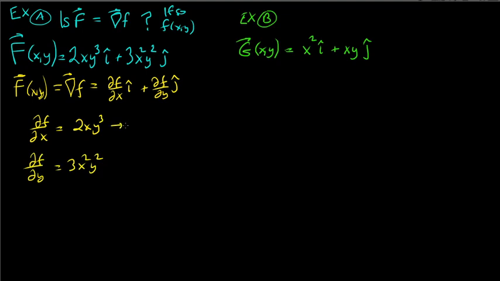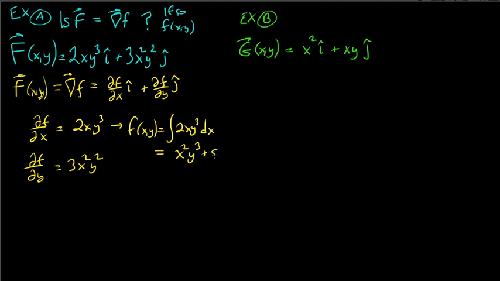So can we find f, the scalar function? Well, sure, we just have to integrate the 2xy cubed, this time with respect to x, because this was the x partial. So it's the integral with respect to x, dx. And, boy, I'm running out of space here, but let me try to squeeze it in. With respect to x, this is just x squared times y cubed. Remember, though, not just a constant here, but any function of y.